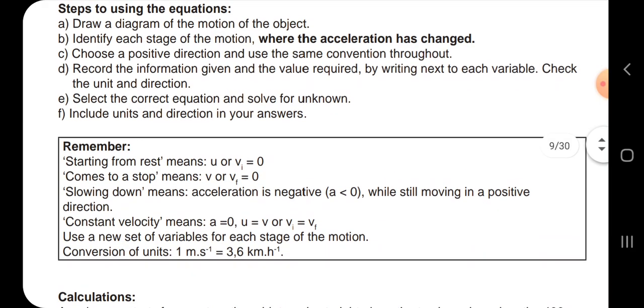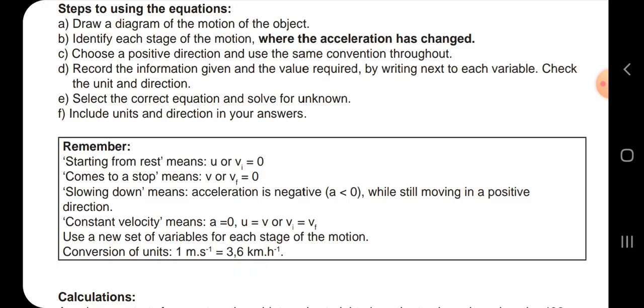starting from rest means initial velocity is 0, and coming to a stop means final velocity is 0. Slowing down means acceleration is negative while moving in a positive direction.